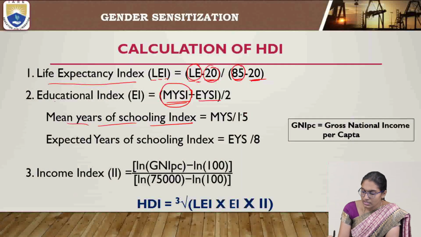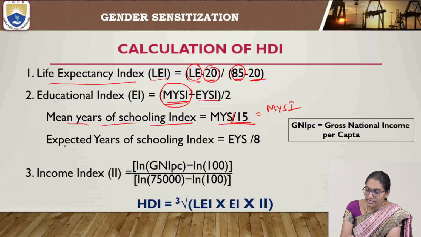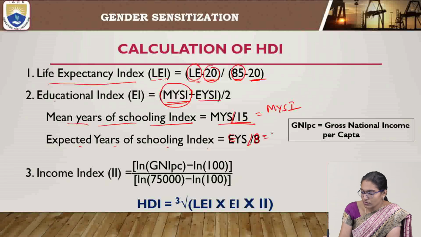So that is given as what? Mean years of schooling divided by 15. So this is MYSI, and then the expected year of schooling index. So this is given by expected years of schooling divided by 8. So this gives what? Expected year of schooling index.